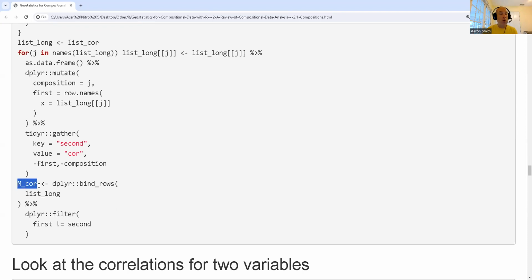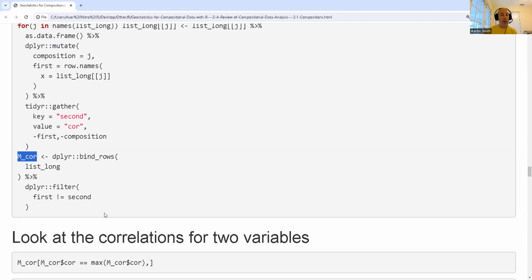MCore is actually a data frame of all the correlations, where first and second are two different columns in the data. Let's go ahead and take a look at this.